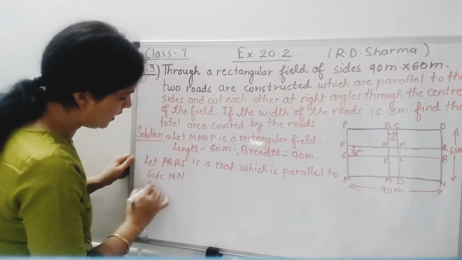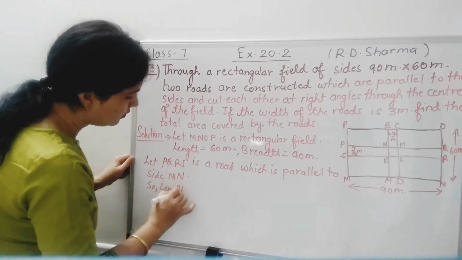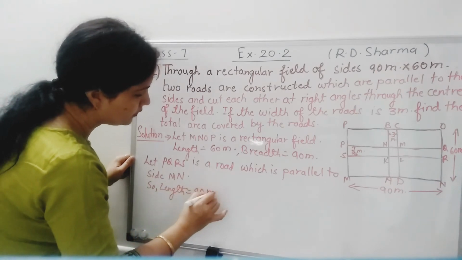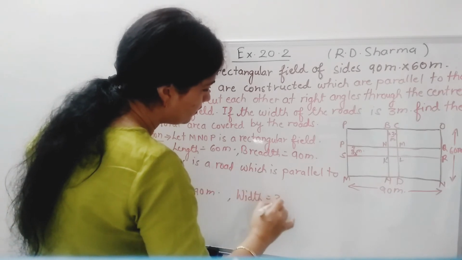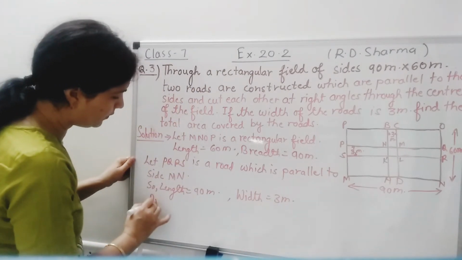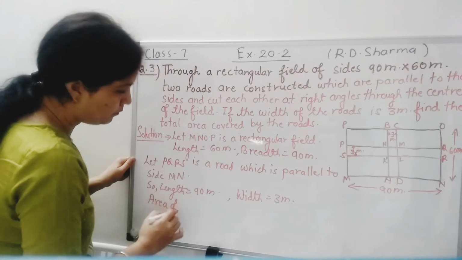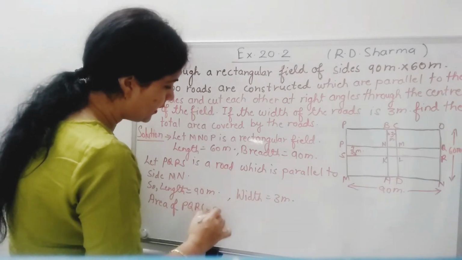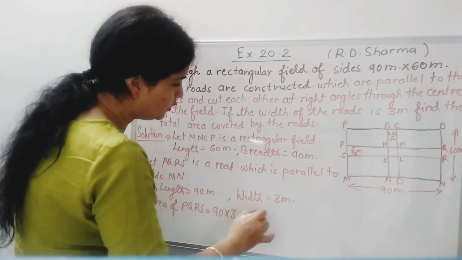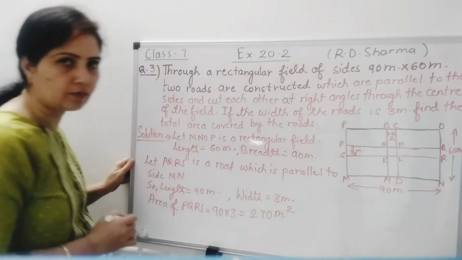So the length will be 90 meter and the breadth is given as 3 meter. So the area of PQRS, as this is also rectangular, will be length into breadth, 90 into 3, which means 270 meter square.